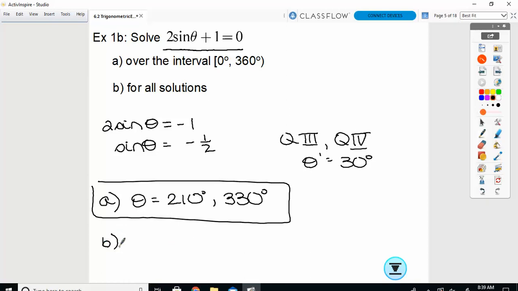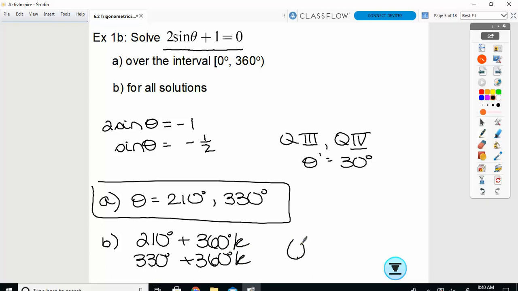B. If I say all solutions, what do you have to do? Plus 360. So you take each answer we got plus 360 degrees K, because that's how far it takes to get all the way around the circle.